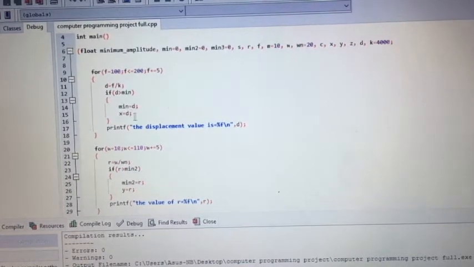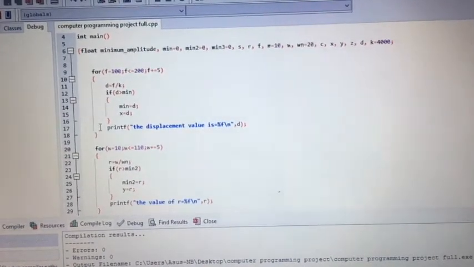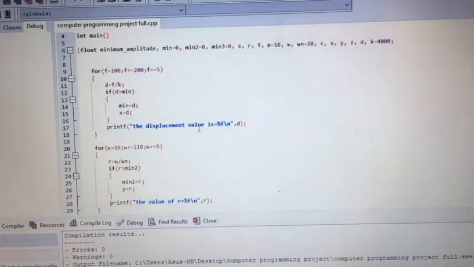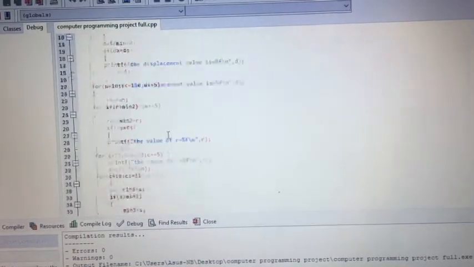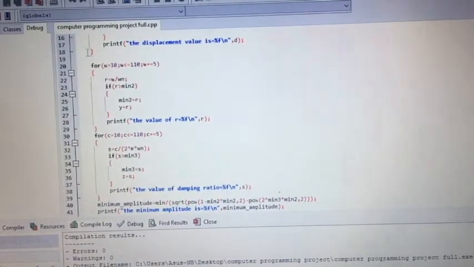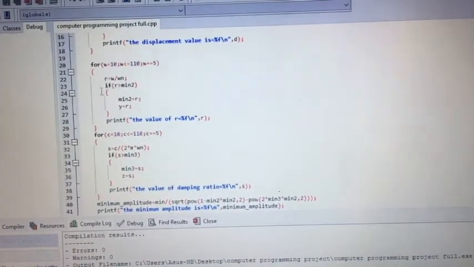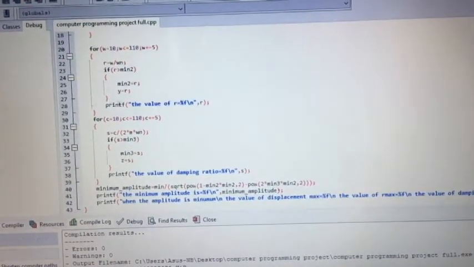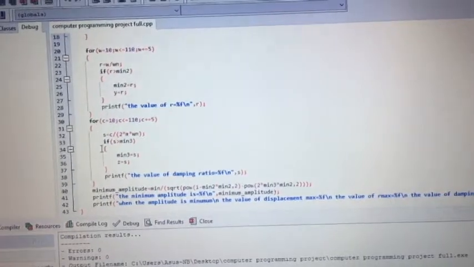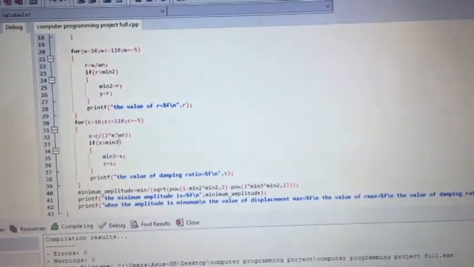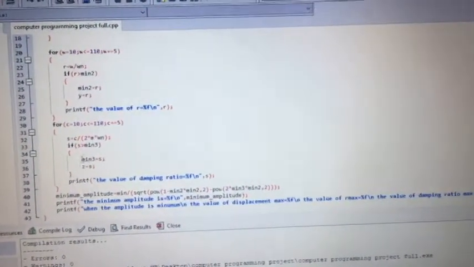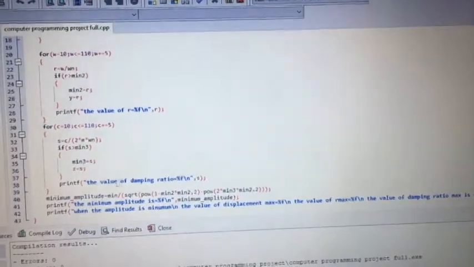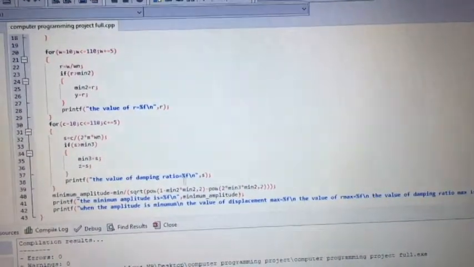Then I set x equal to d. Then I printf the displacement value equal to d. I repeat the step for the w to find the r value, and I print the value of r. I use the for command to find the c value, and I substitute it into the s equation, then I print the value of damping ratio equal to s.